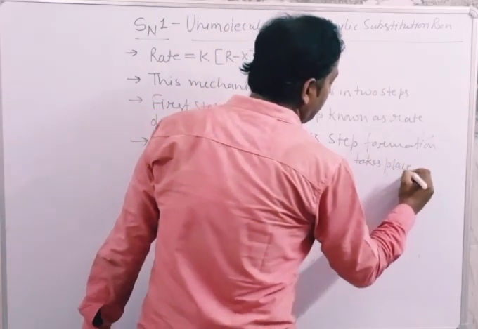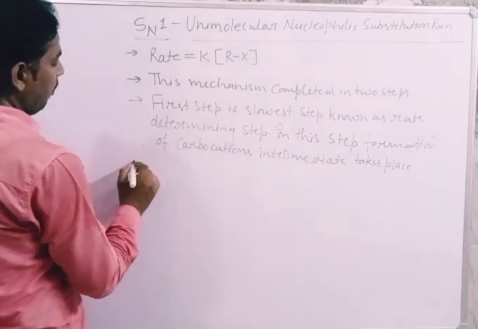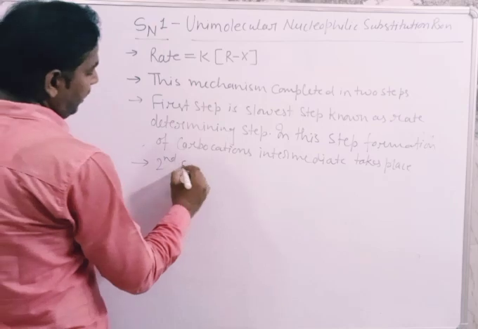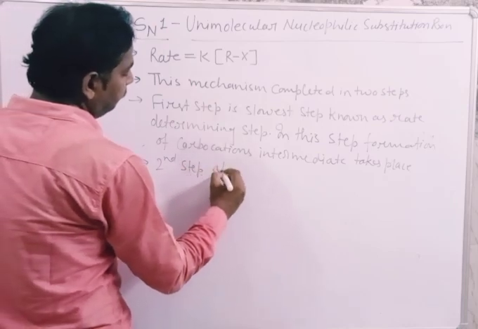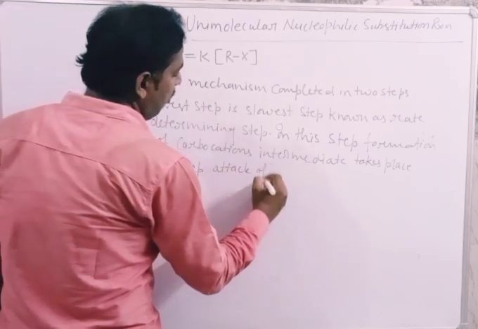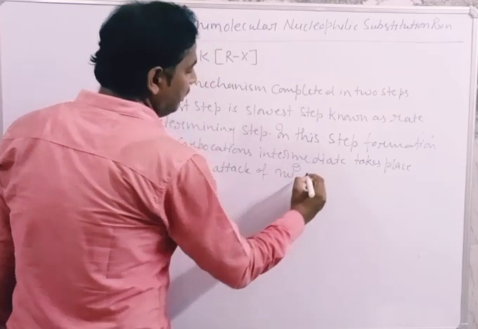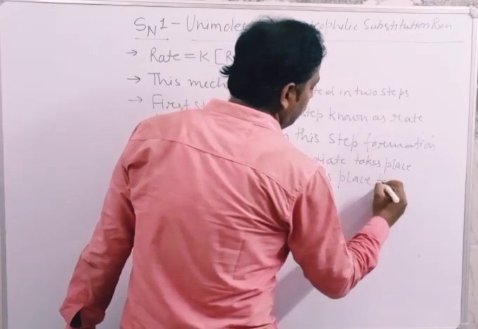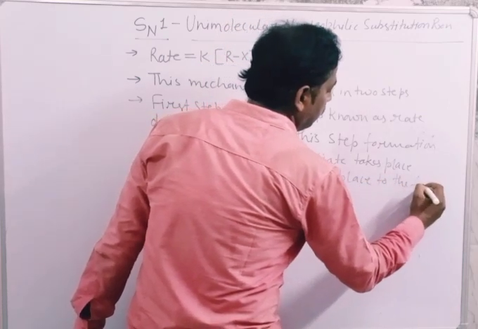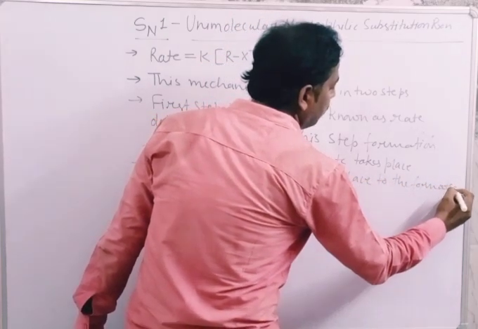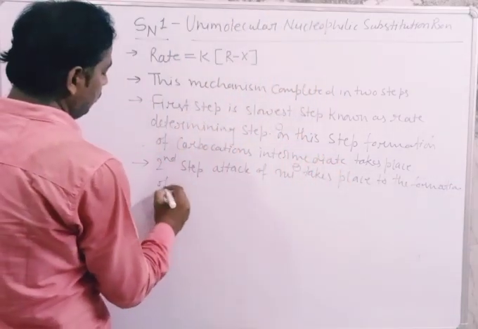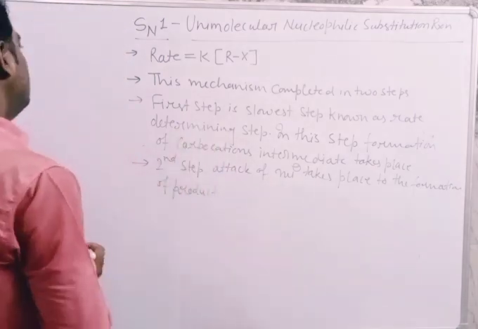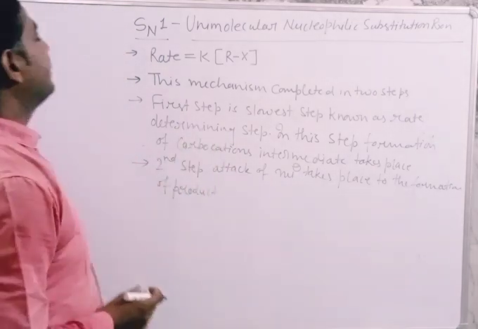Okay, so this all happens in the first step. Now we talk about the second step. In the second step, attack of the nucleophile takes place, leading to the formation of the product.